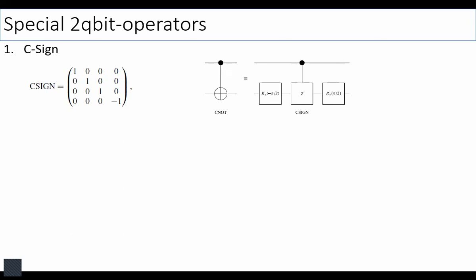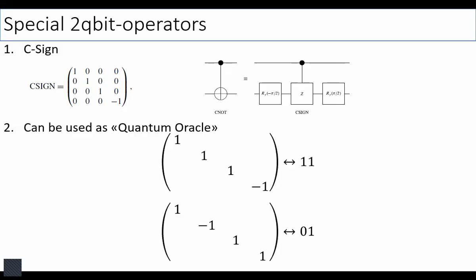The state 1, 1 is a special state for me, because all others stay as they are, and this one reverts the sign. And this can be used as a replacement of quantum oracles. If I have this operator, it is the same as saying that value 1, 1 is marked. This is the answer.